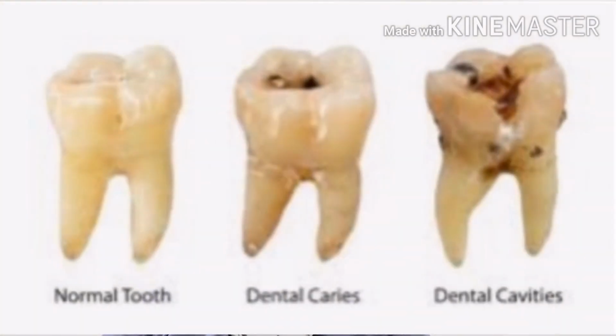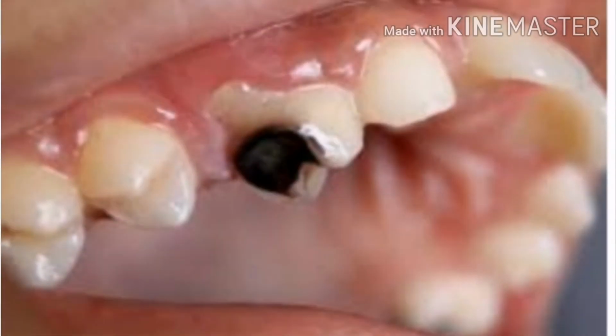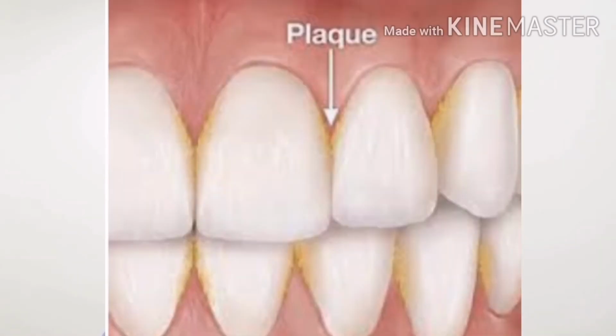Now we will discuss the common problems of the teeth. The most common issue is cavity. The second one is tooth decay. The third one is periodontitis. The fourth one is gingivitis. The fifth one is plaque.